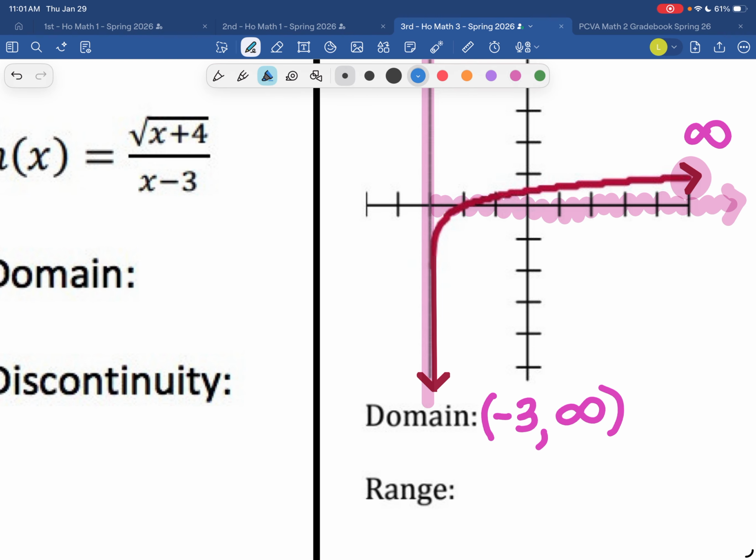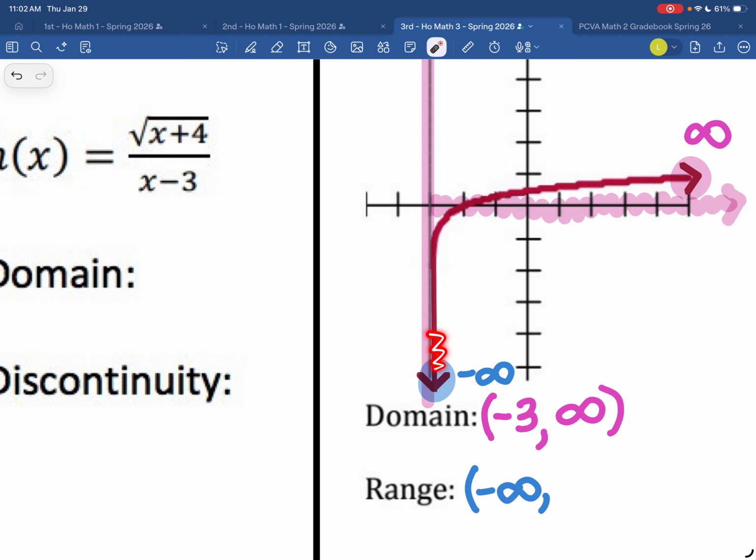Now, my range, we're coming from the bottom. All right, so we know we're coming from negative infinity. Even though the x values stop, the y values are going to keep going down. So if my y values keep going down, we know that negative infinity is the first part of our range. And then, of course, we're going to keep going up.